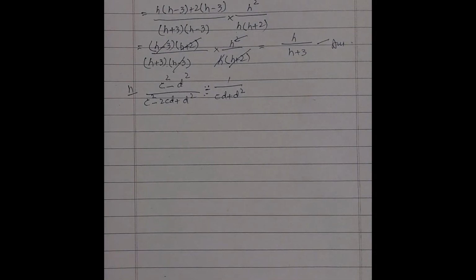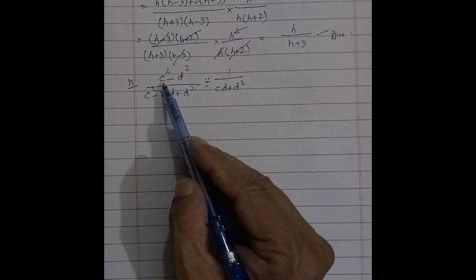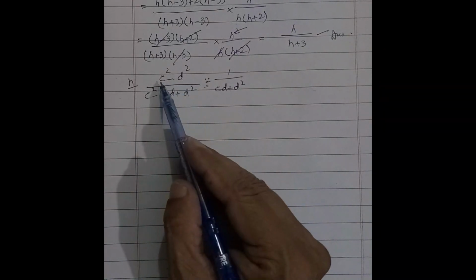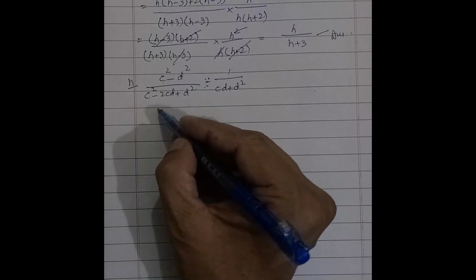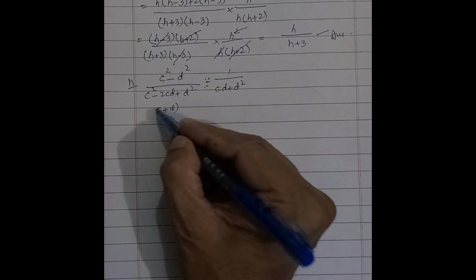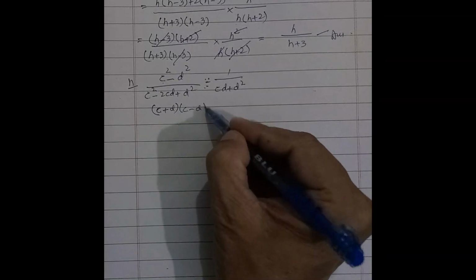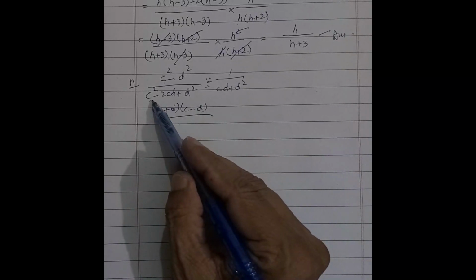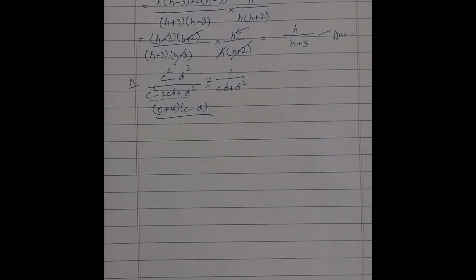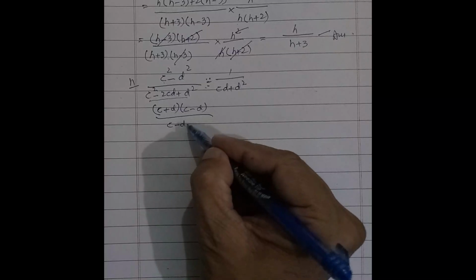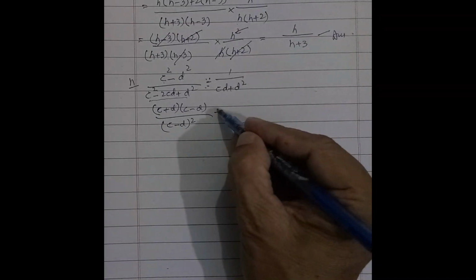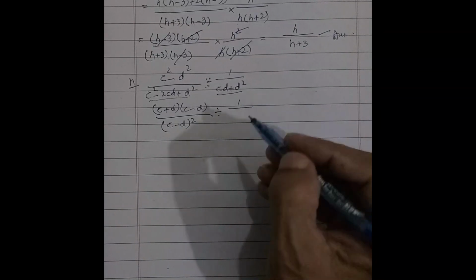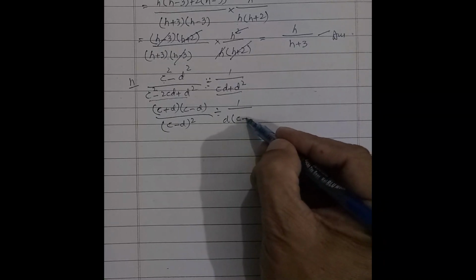So first we factorize the question. In the numerator it is a² minus b², the answer is (a plus b)(a minus b), (c plus d)(c minus d), and the denominator is the square of c minus d, whole square, divided by 1 over, take common d, remaining is c plus d.